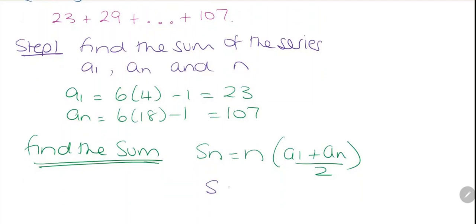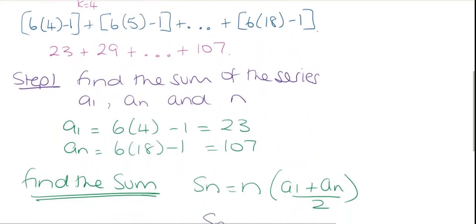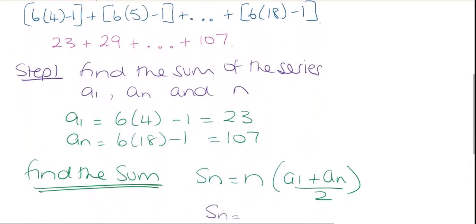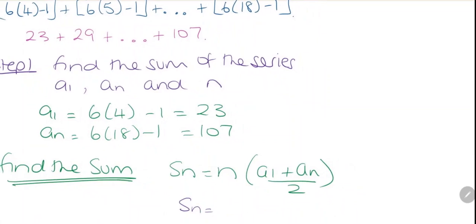So we need the number of terms in our sequence, which is 15, because k is 4. To work out the number of terms, so let's just write this here first.